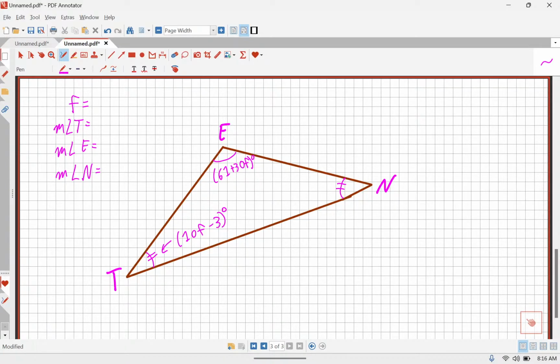How's it coming over here? Do you know what it is? Here's my trick. You added two of the angles and set it up equal to 180. You got the E and T, right? But what about angle N? It's weird because I didn't give it to you, right? But what did I tell you about T and N?